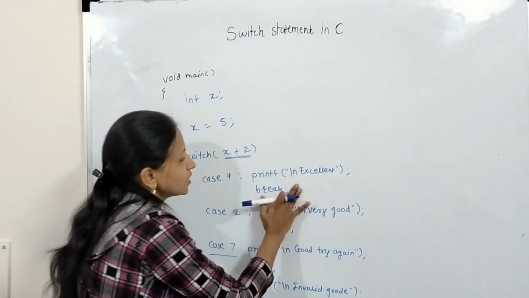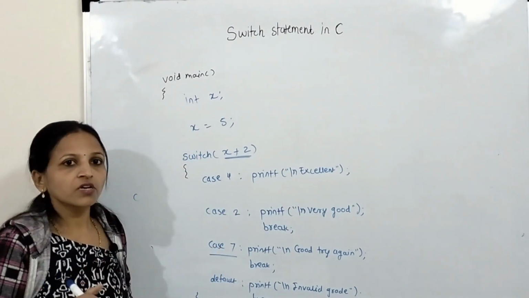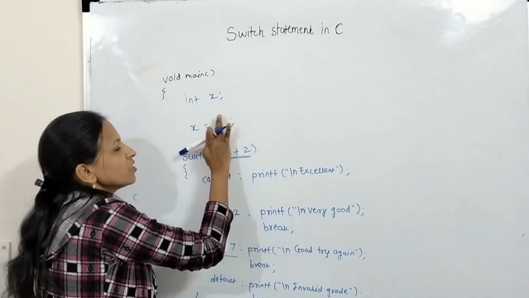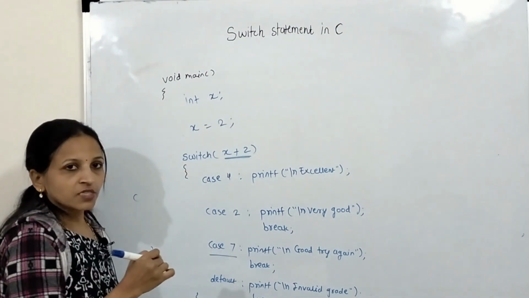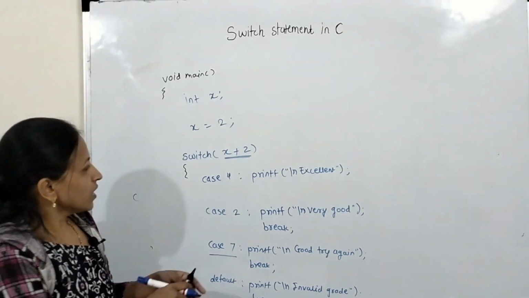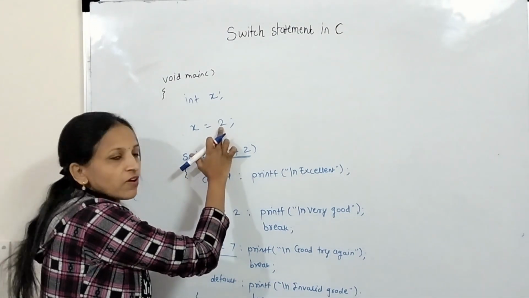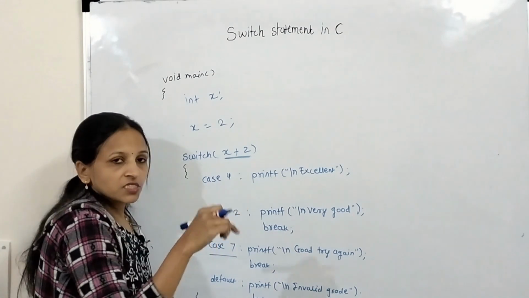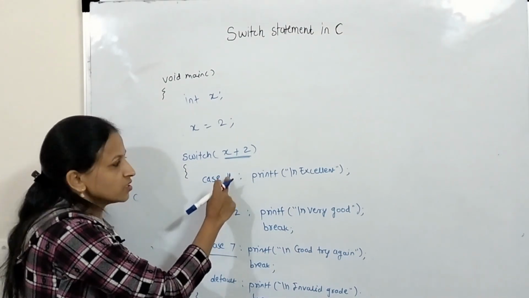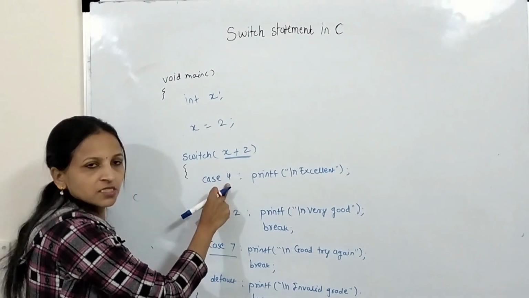Suppose we are not writing break here, then how will it work? Suppose the value of x is 2, then how will this switch case work? See here, value of x is 2, 2 plus 2 results in 4. Now this is matching. Its result is 4, and here a match is found.